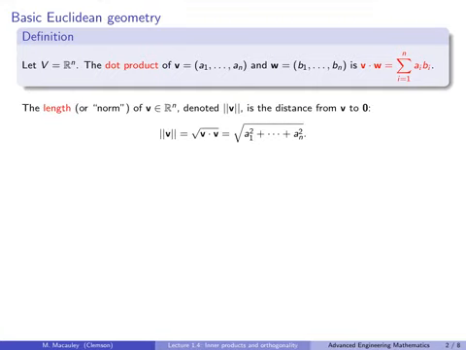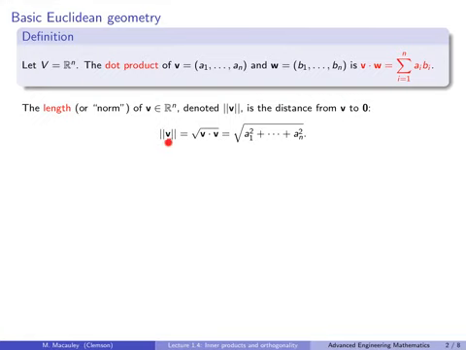Let's recall how this is all related to the definition of the length or the norm of a vector v, which we denote with this double absolute value sign. We say norm v, and geometrically that is just the Euclidean distance from the vector v to the origin 0. Now, Pythagoras's theorem gives us a formula for this distance.